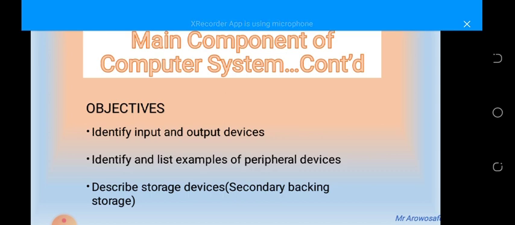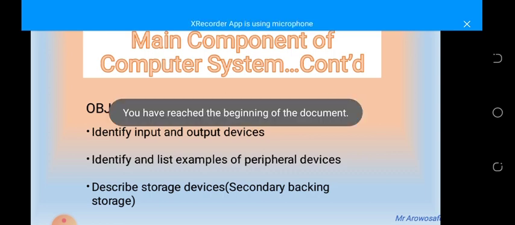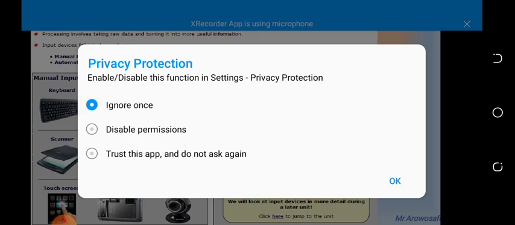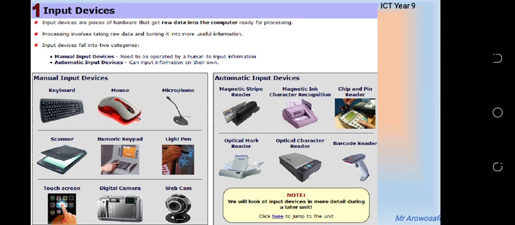So let me start with input devices. Input devices are pieces of hardware that get raw data into the computer ready for processing.